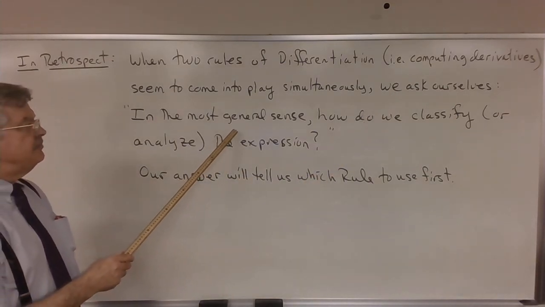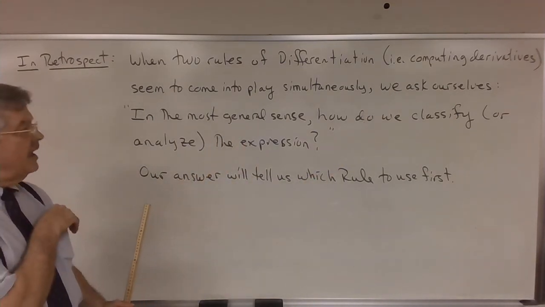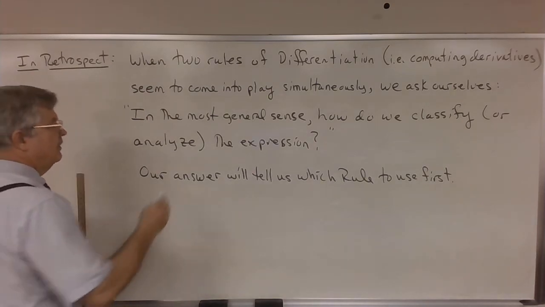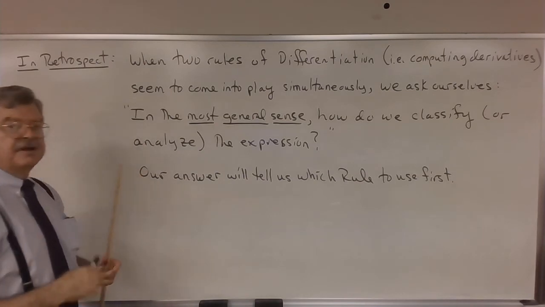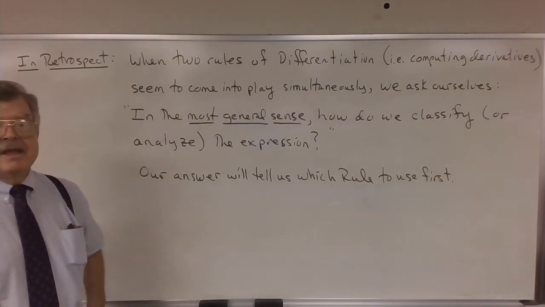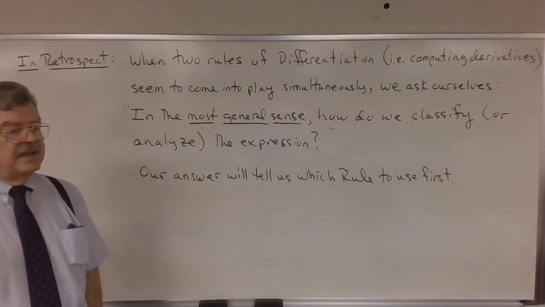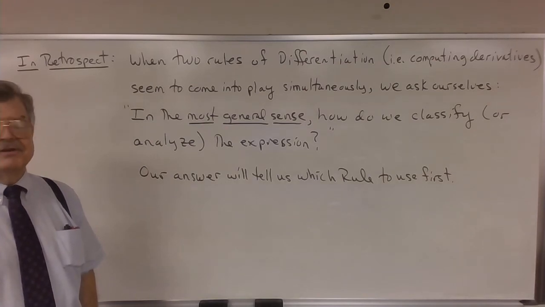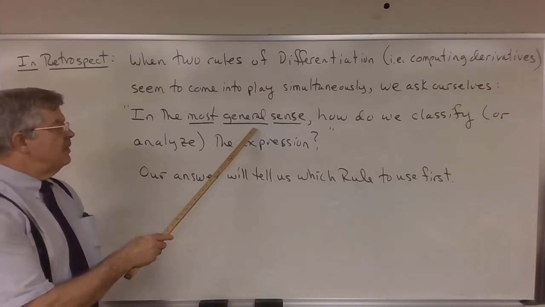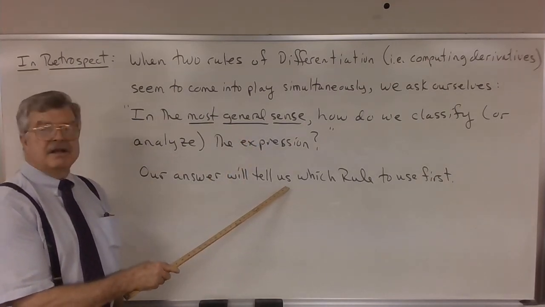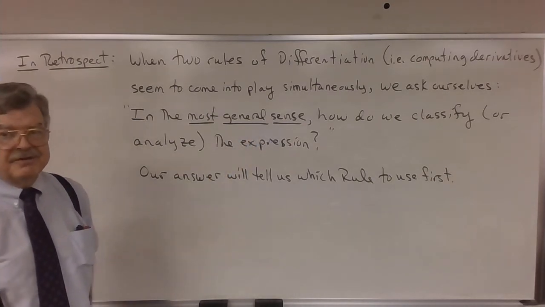In the most general sense, how do we classify or analyze the expression? Is it a composite function? Is it a quotient? Is it a sum or difference? Is it a product? Our answer to this question will tell us which rule to use first.